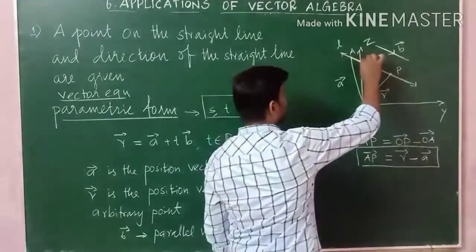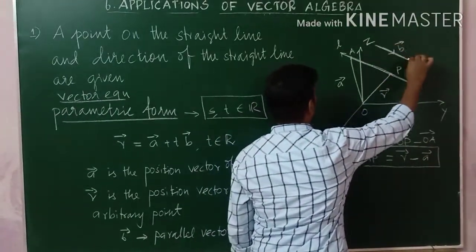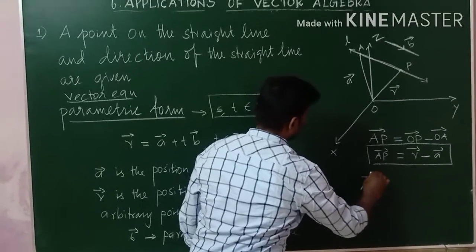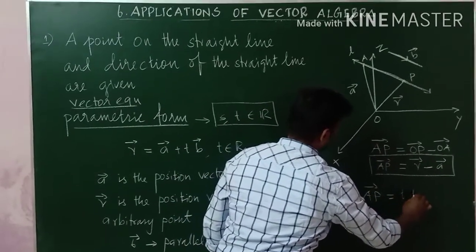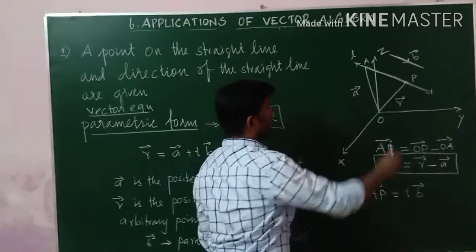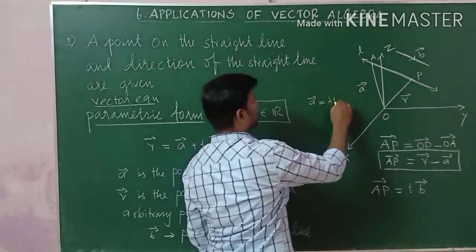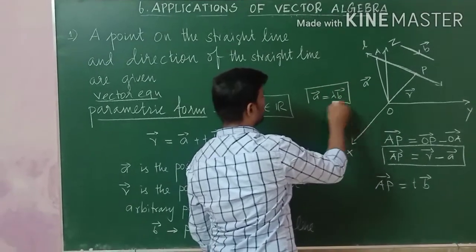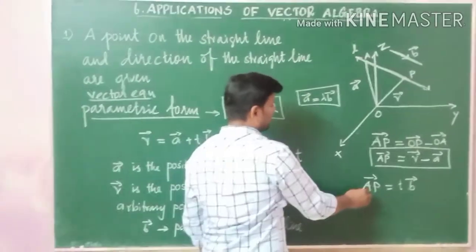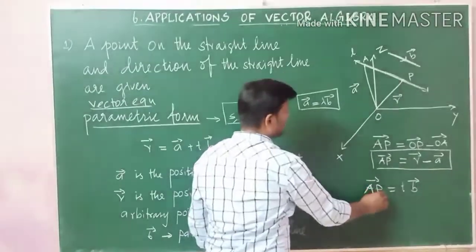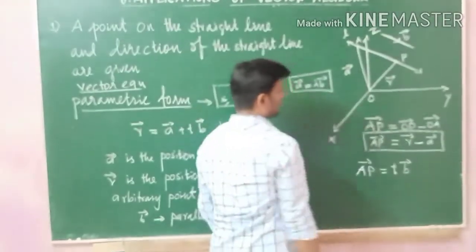So the line AP and the line are parallel. So AP vector is equal to T times of B vector, because if two straight lines are parallel, what shall we do? A vector is equal to lambda times of B vector. We can use this. So likewise, AP vector is parallel to B vector. So we can write AP vector is equal to T times of B vector.